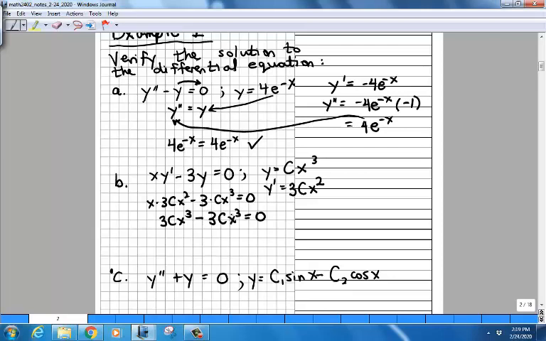And that's definitely 0, correct? So that's it. This is a solution to that differential equation. So that's a general solution to the differential equation. You can get specific solutions, again, by choosing values for this constant.